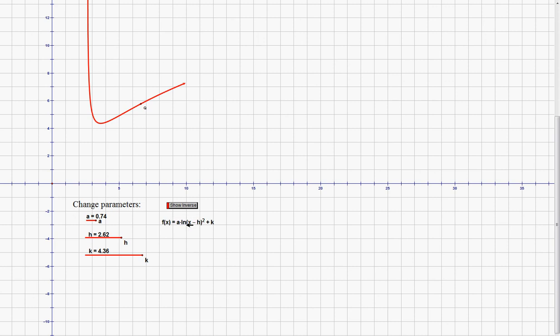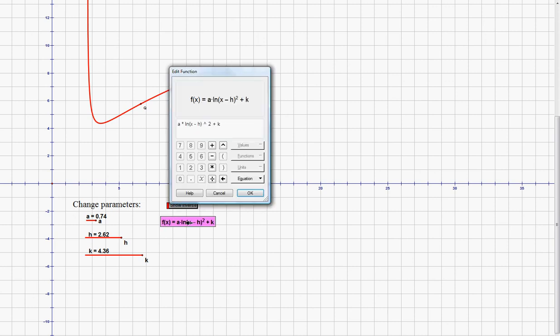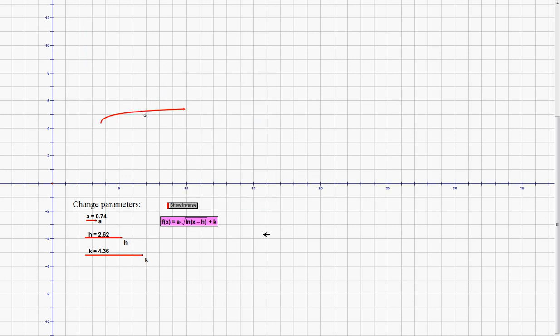In case you want to look at something different, you just double click on this function, and for example, instead of squaring the logarithmic function, I will take here the square root of it. I will take a square root of this function and see what happens.